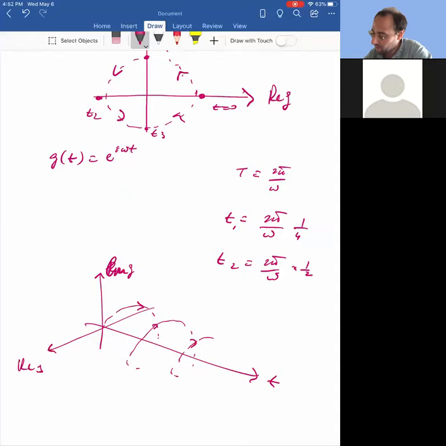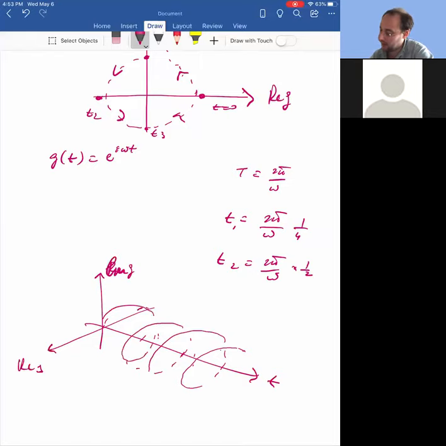So let me fix that. But the point is, you can think of this as a corkscrew. It's hard for me to draw the corkscrew going in the right direction. Okay, so it's going like that, going around and around.